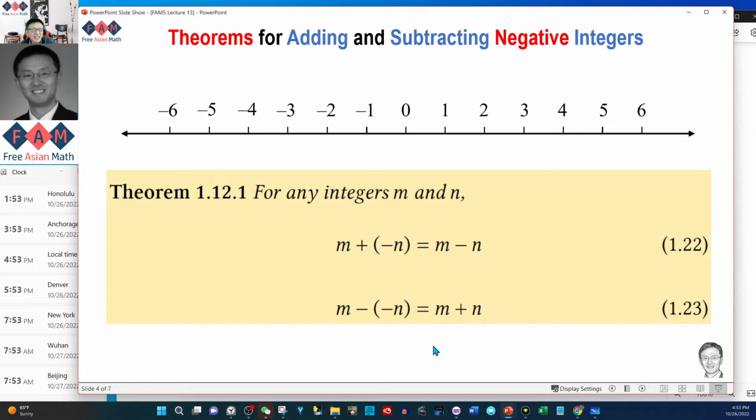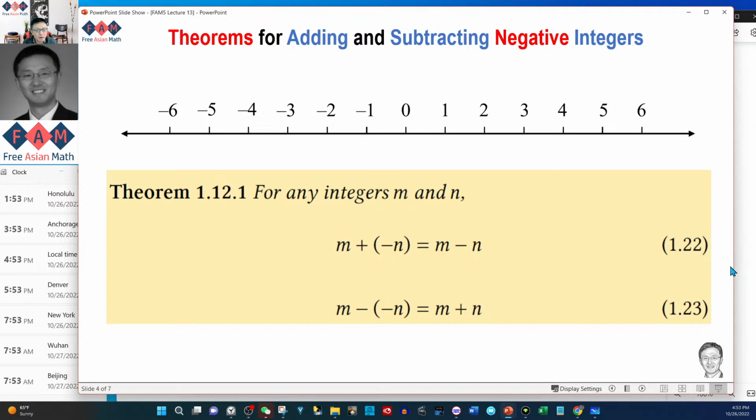So when we say negative n, we are really saying the negation of n, because remember, this negative sign has already been expanded into an operator, the negation operator. This theorem says that when you subtract the negation of integer n, the result is m plus n.